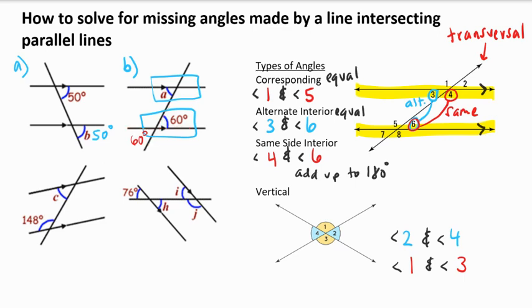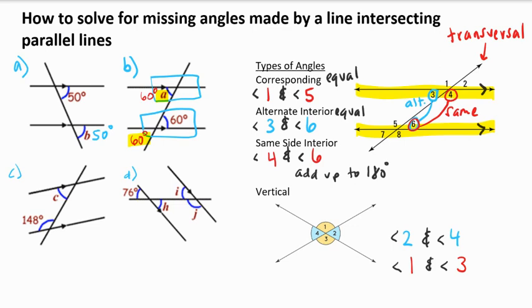And then from there, I can use corresponding angles because I can see that A and 60 are in the same position now. They're corresponding. So that means they're going to be equal to each other. So you can use alternate interior, or you can say, well, let me just use corresponding angles and then vertical angles. All right, let's do C.